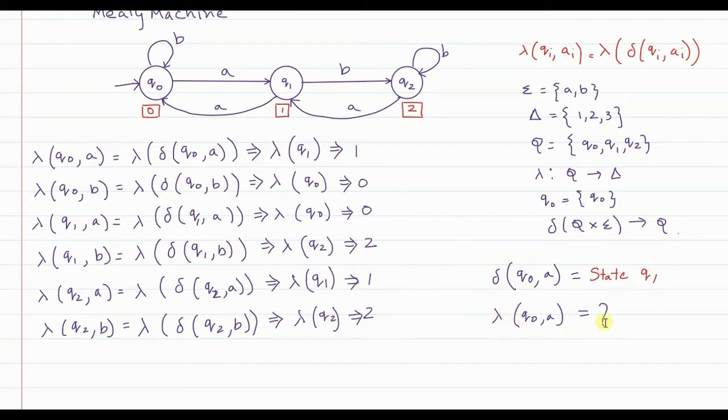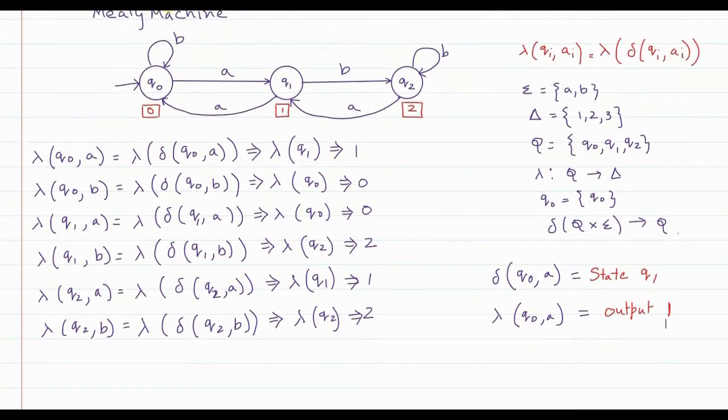Lambda will depict what is the output that you get. In my case here the output is 1, because we have just found out 1 over here.